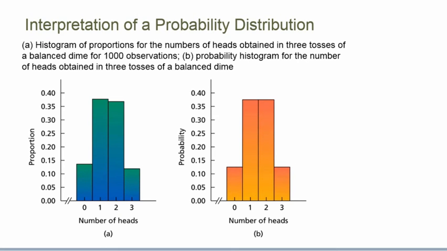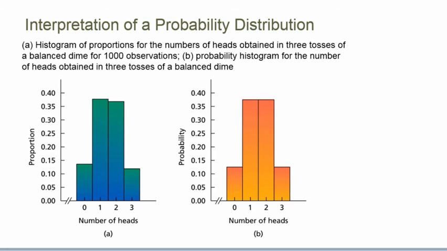What this means is if we have two histograms, and our first histogram A is the histogram of proportions for the number of heads obtained in 3 tosses of a balanced dime for 1,000 observations, and B is the probability histogram for the number of heads obtained in 3 tosses of a balanced dime.